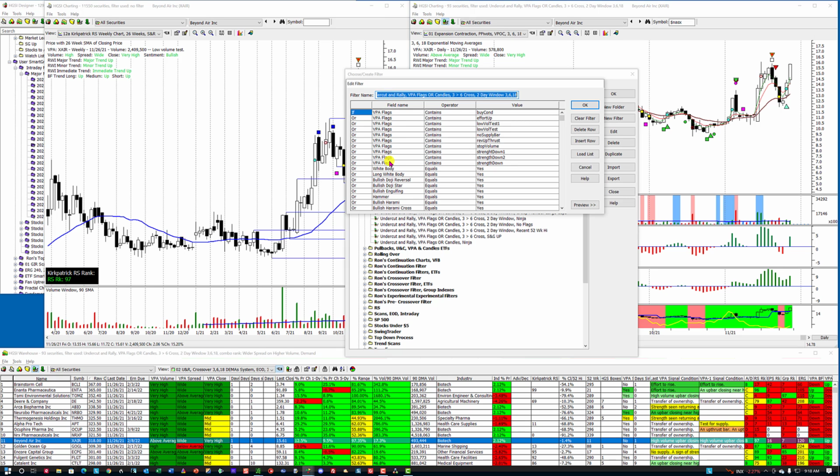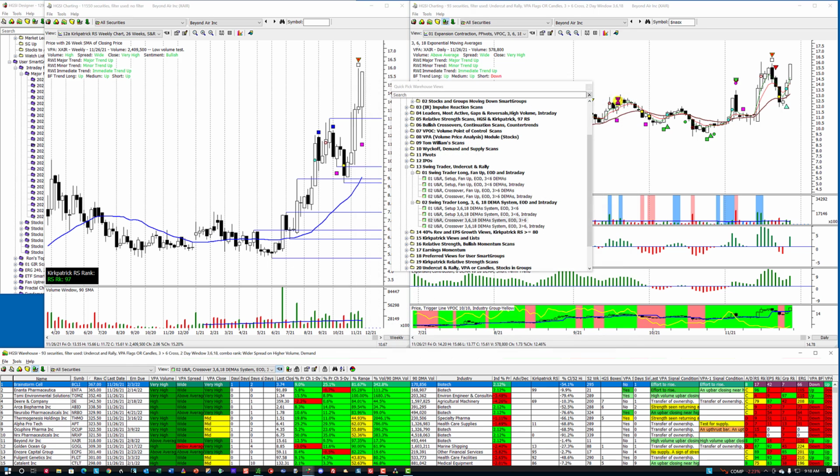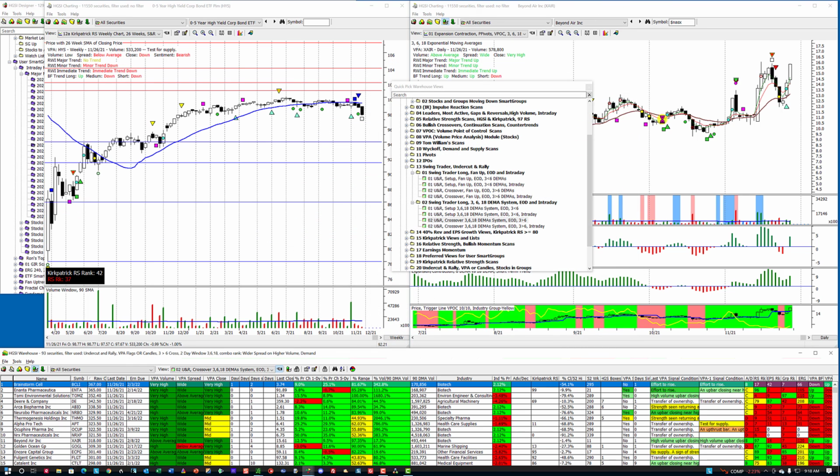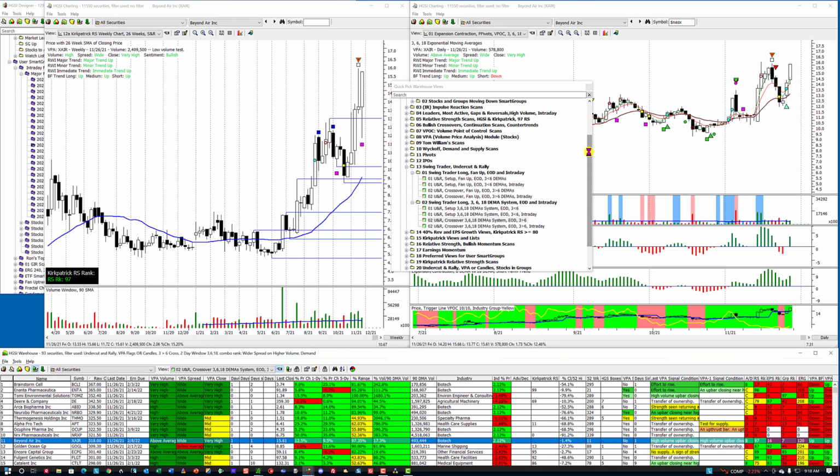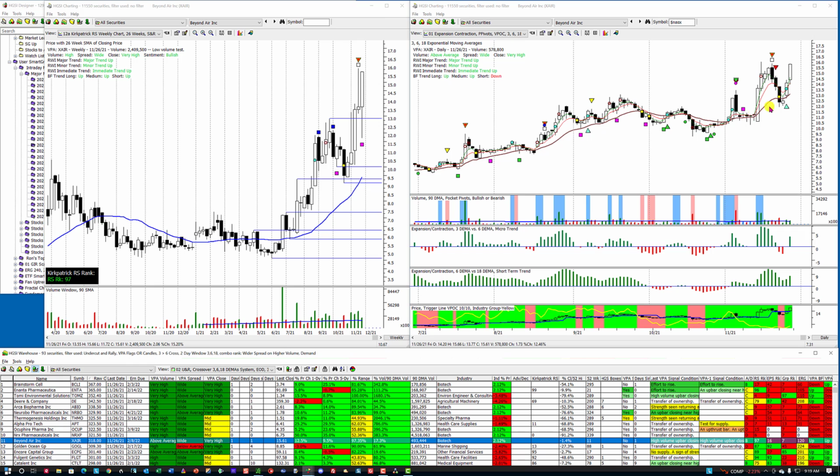If any of these VPA flags occur, which are bullish, or if any of these bullish candles appear, they will give us a signal. So it's not either or, it's if any of them appear. Well, I'm sorry, it is either or. If either a candle or the VPA flags appear, we're going to get a signal.